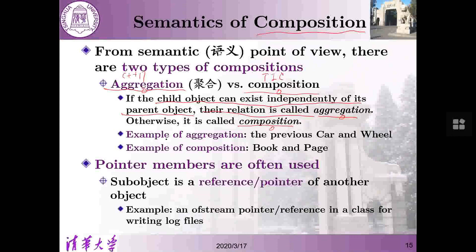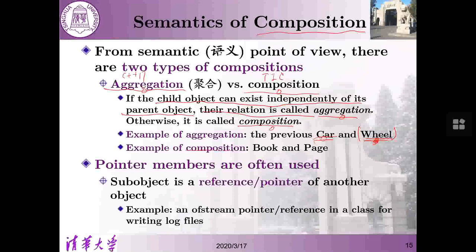For example, in the previous car and wheel, apparently the wheel class can exist without car, because some factory may manufacture this wheel without a car. So this class can exist without the parent class.